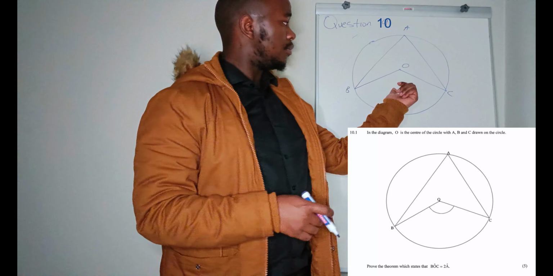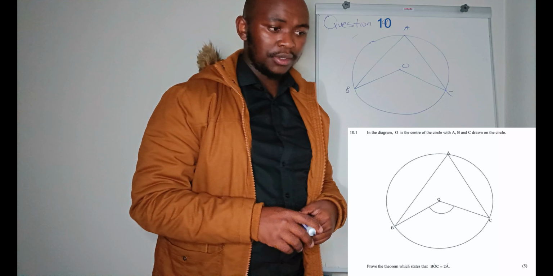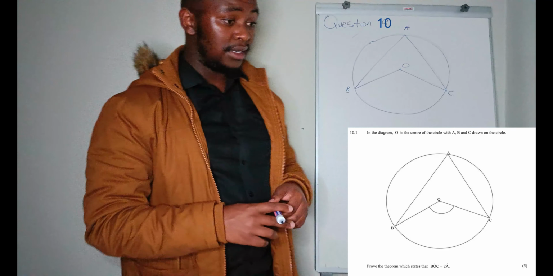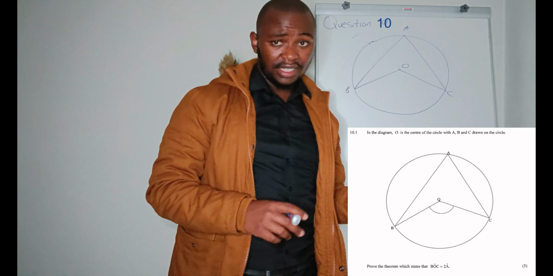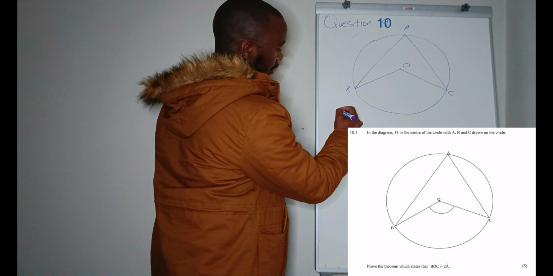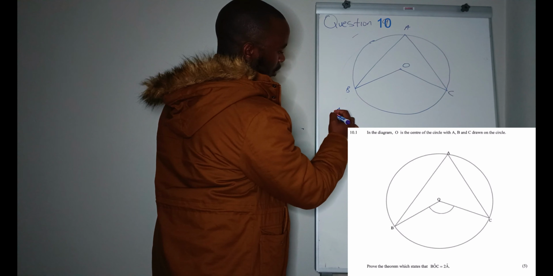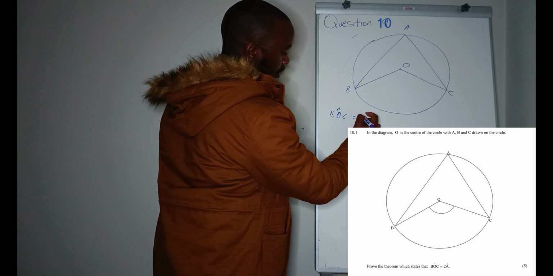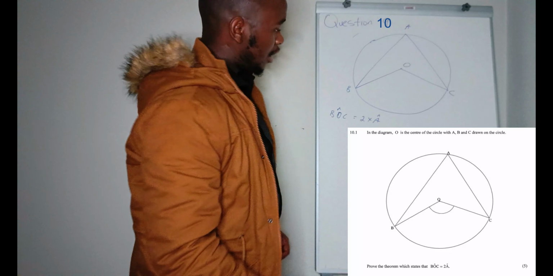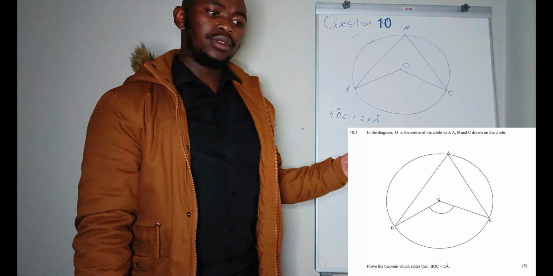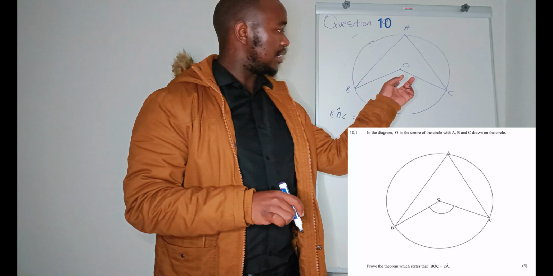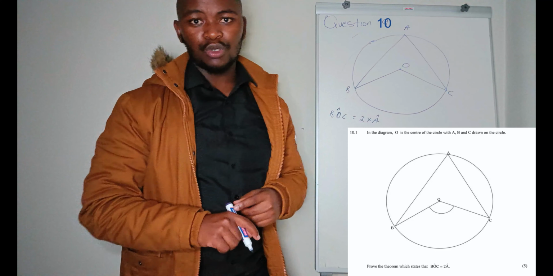In the statement we're given this diagram and we're told that O is the center of that circle and it has points A, B and C at its circumference, and we're asked to prove that angle BOC is equal to 2 times angle A. Okay, so that's basically the theorem that says the angle at the center is twice the angle at the circumference. How do you prove that?